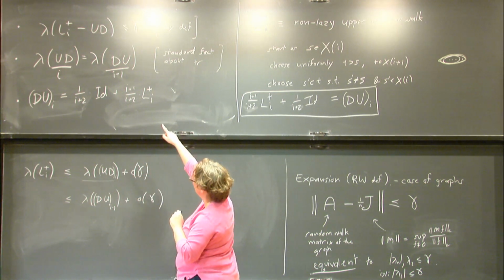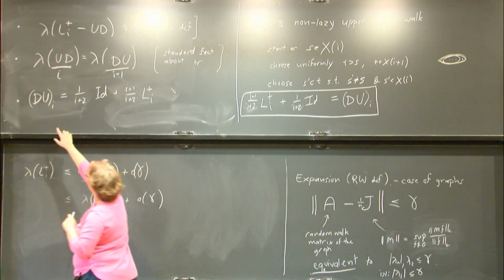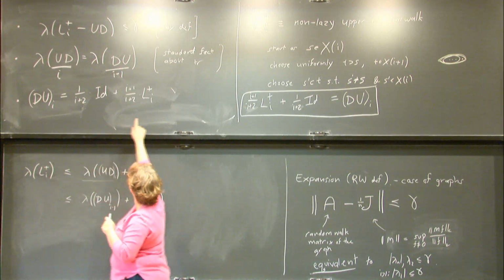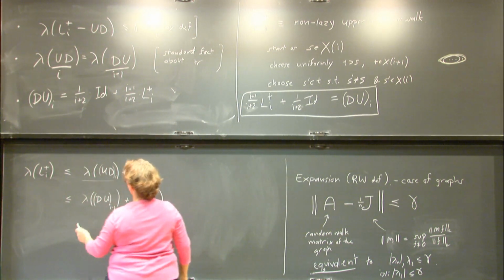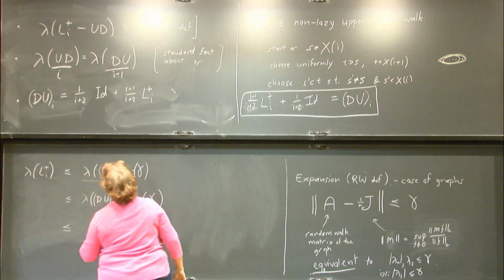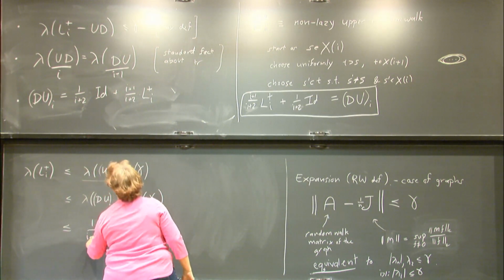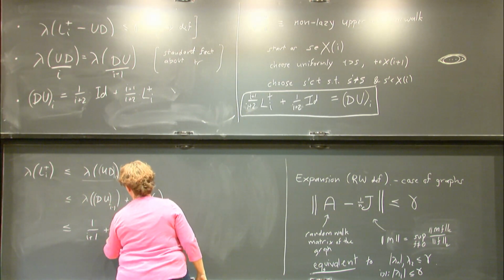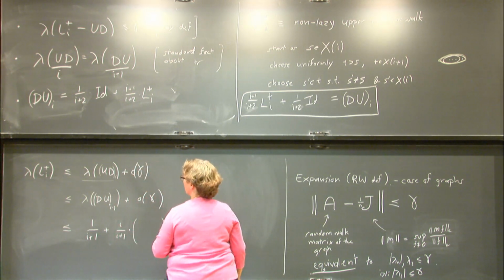Now I'm using the second line. And finally, du, I can write it as L plus, but since I'm at level I minus 1, I plug in I minus 1, and I'm going to use the induction. So what do I get? I need to not make a mistake. I'm plugging I minus 1, so I get I plus 1 plus I divided by I plus 1 times whatever I deserve to get by induction.